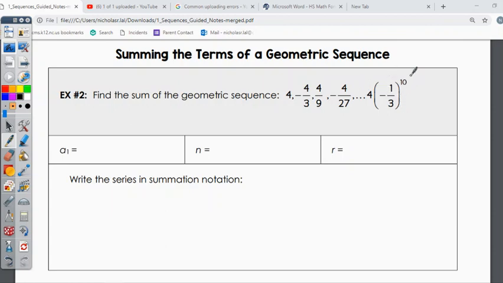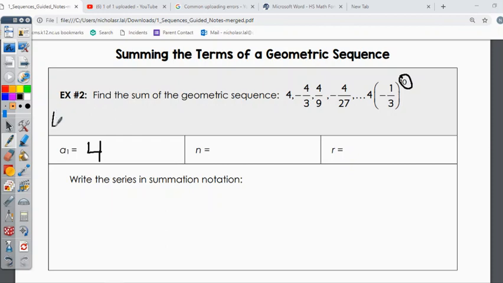All right? So let's look at our first term. Our first term is 4, a1. And before we go any further, we see that our last term exponent is 10, right?